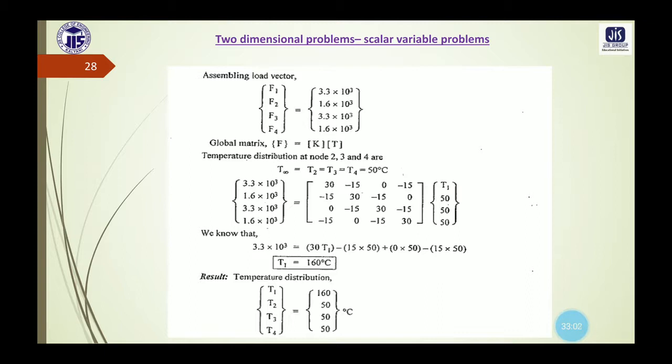So if we put the values of F, K and T matrices in this earlier equation, then we can perform the matrix multiplication and finally we can calculate the value of T1. So the temperature distribution we can represent in the matrix form, where we can see that T1 is 160 degrees centigrade, T2 is 50, T3 is 50 and T4 is also 50 degrees centigrade.